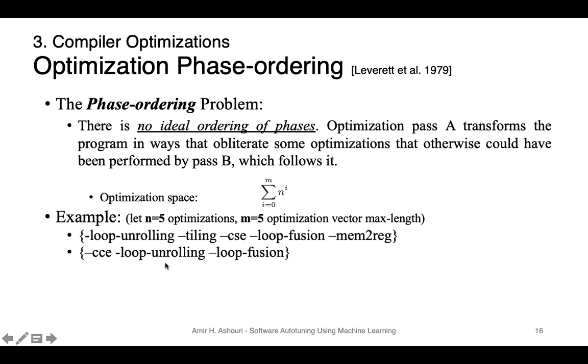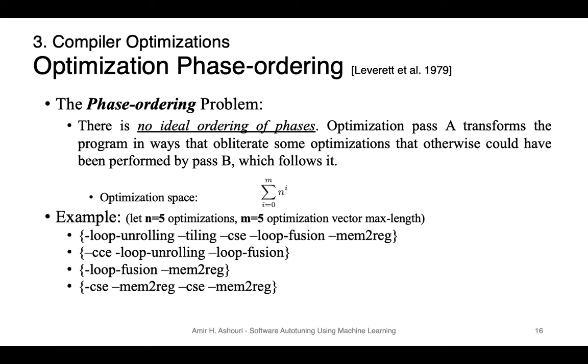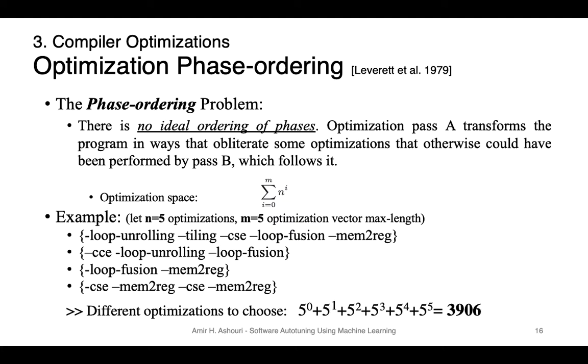Sometimes after, for instance, applying memory to register, you might need to have a dead code elimination after that as well. So the repetition of those makes sense. And you see, by having these 5, and a length of 5 only, I have around 4,000 variants that I can play with in my compiler, and each of them can lead to different performance metrics. Some might run slower, some might run faster. They have different code size characteristics, and so on and so forth.